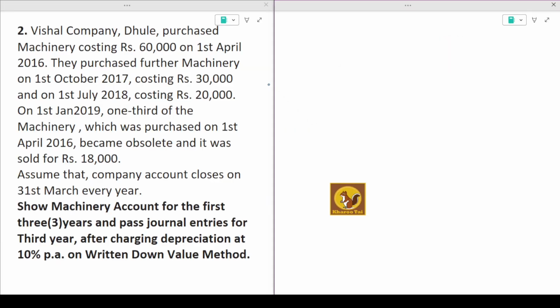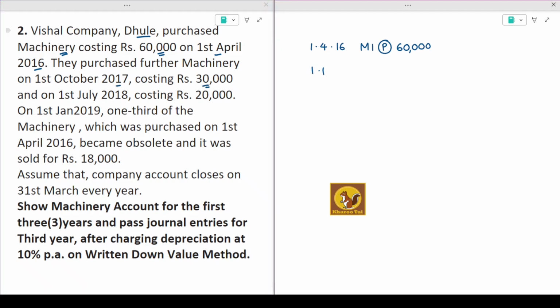Vishal Company Dhule purchased machinery costing rupees 60,000 on 1st April 2016. So on 1st April 2016 they purchased machinery 1 for 60,000. They purchased further machinery on 1st October 2017 costing rupees 30,000.